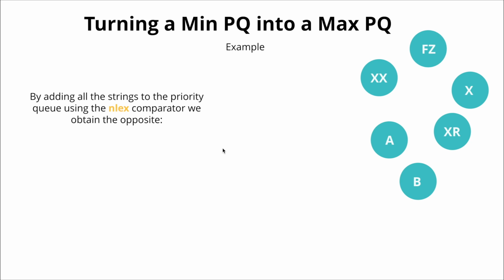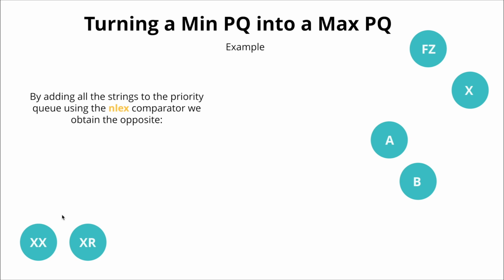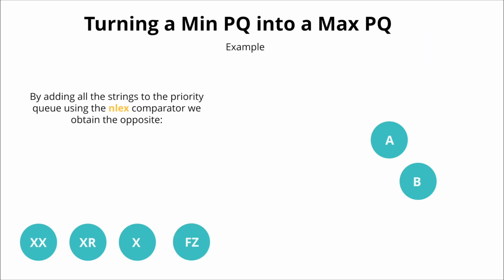So the first time we remove an element, we're going to have XX, because it's the string closest to the end of the alphabet in the English language, and it also has 2 characters. Now if we call the next remove operation, we have XR, then we have X, then we have FZ, then we have B, and we have A.